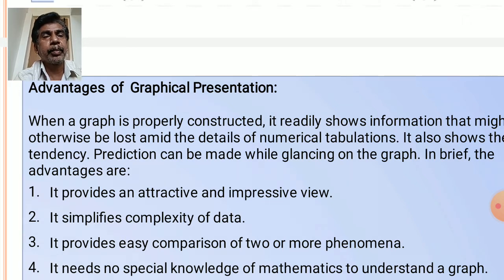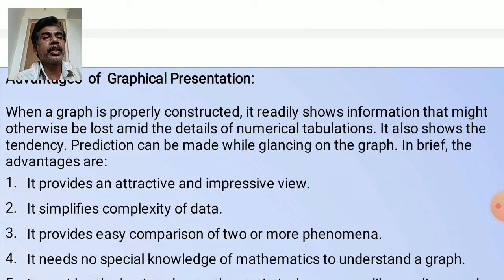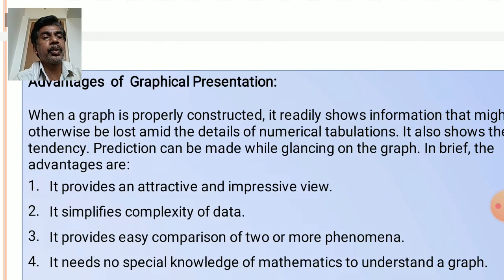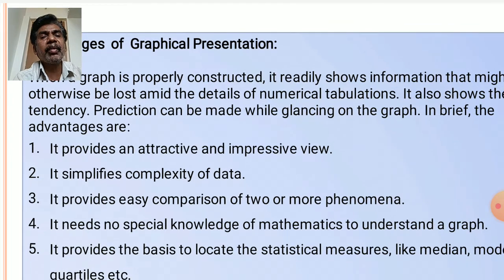It is an important statistical tool used for presenting statistical data, and it readily shows the information that might otherwise be lost. The advantages of the graphical presentation are: it provides an attractive and impressive view.